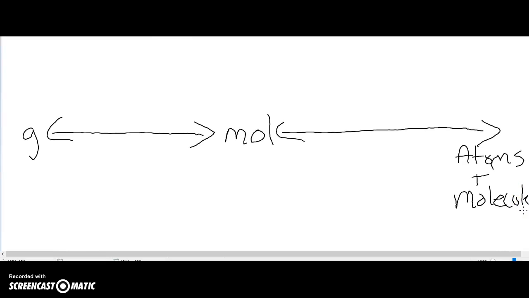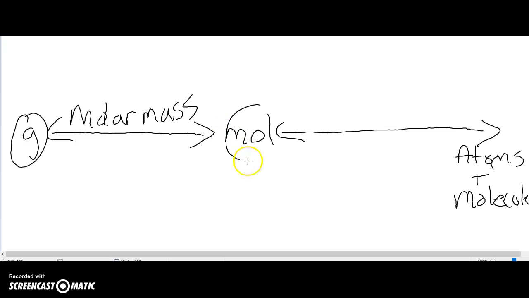And so on this left-hand arrow between grams and moles, you should write molar mass. Because in order to convert between grams and moles, you need to use a molar mass. So whether you're going from grams to moles or from moles to grams, you're going to need molar mass to do that.